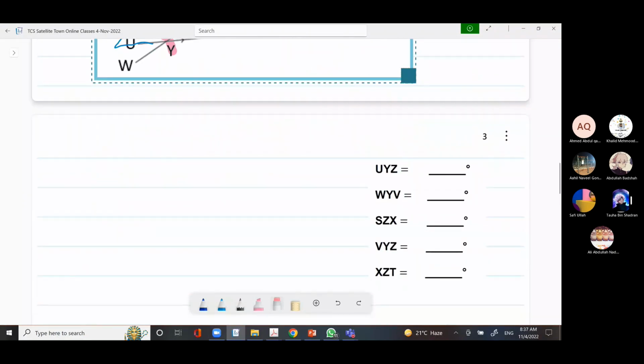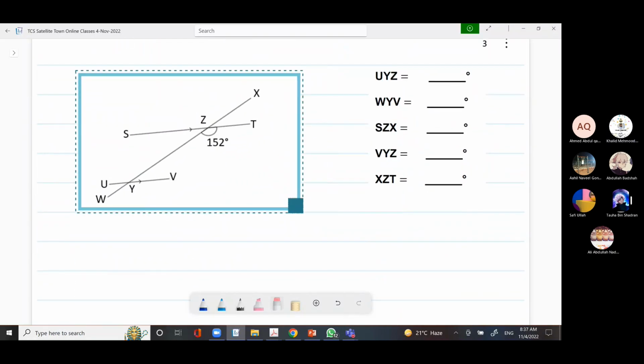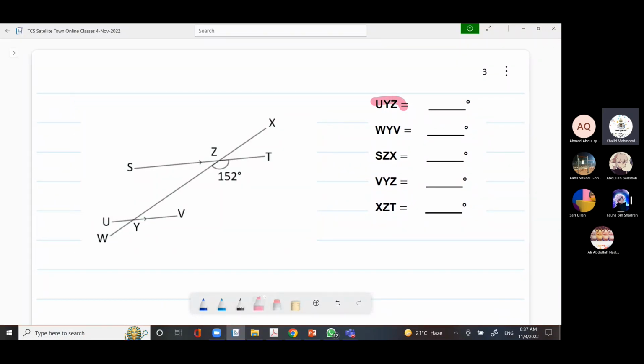Okay, this is a shape now. Now they are saying something else. You see, the alphabets are here: U, Y, Z. What is meant by U, Y, Z? It means starting from U and then the Y degree and Z. It means what comes between U, Y, and Z. This is an angle.